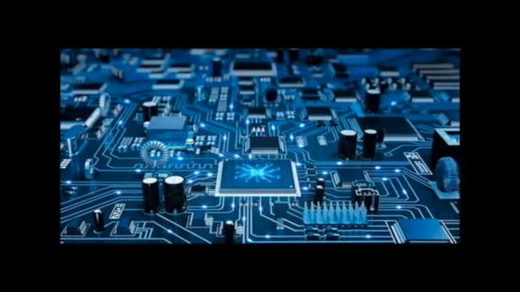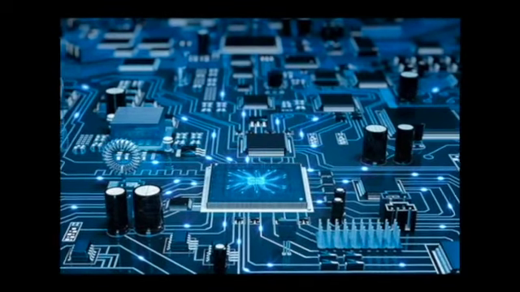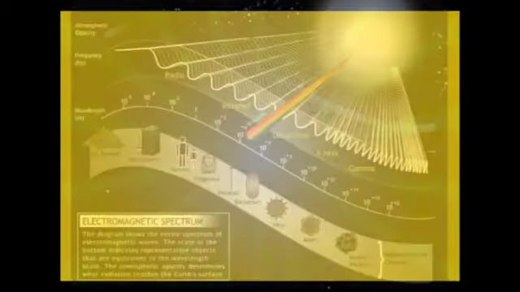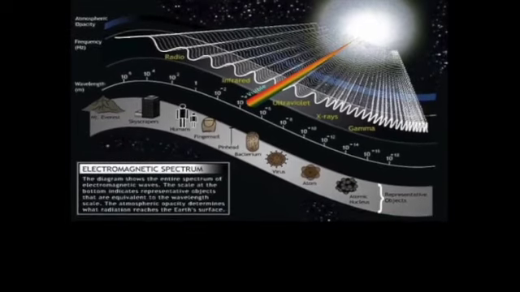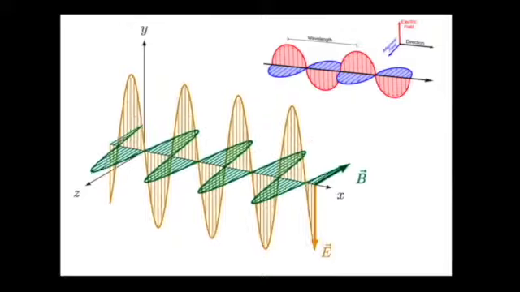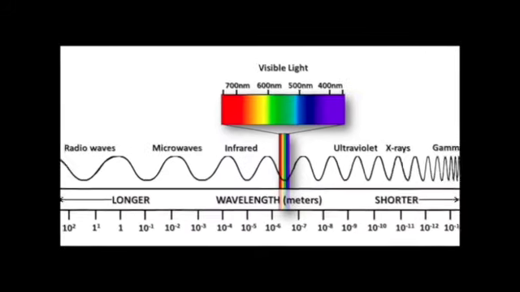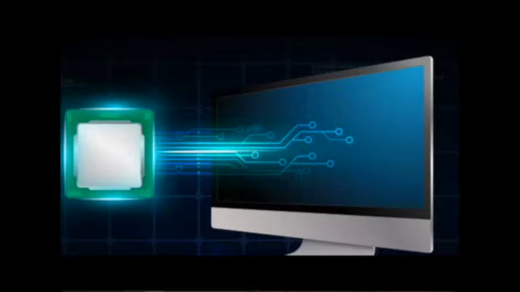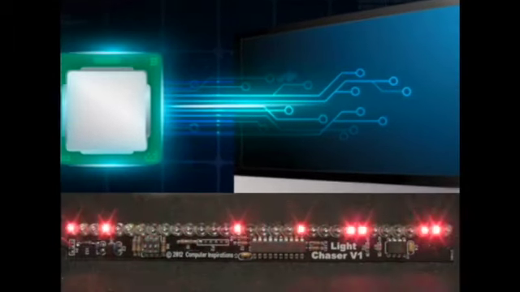E-bits and M-bits are fine inside a computer, but how do I see all this? 3. L-bits. Light is one type of EM wave, made of electricity and magnetic parts. Light is 400 to 700 billionths of a meter long. The screen works when chips send E-bits to the screen.